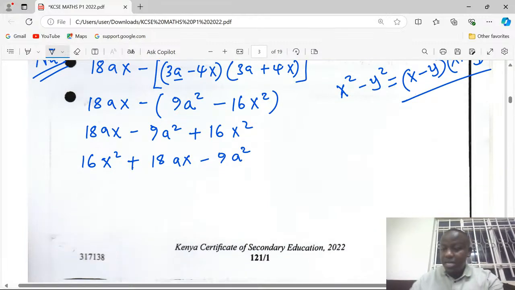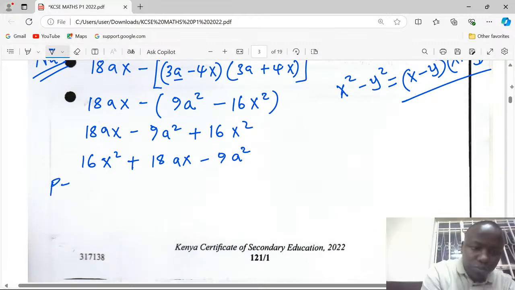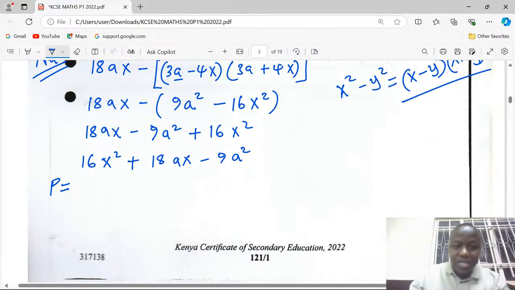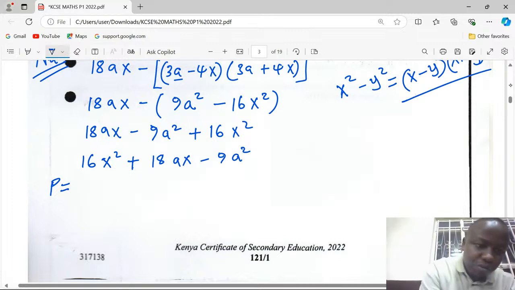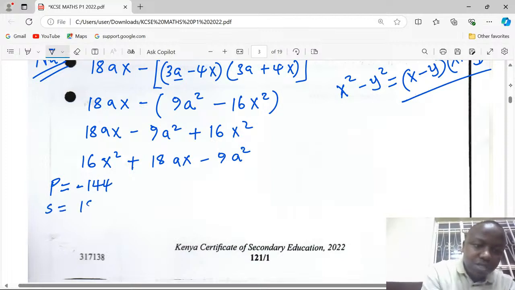For us to factorize, we need a product which is equal to a times c: 16 by negative 9 will be negative 144. Then the sum should be equal to the value of b, which is 18.